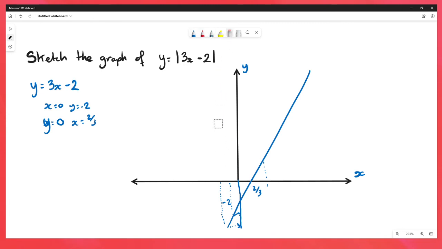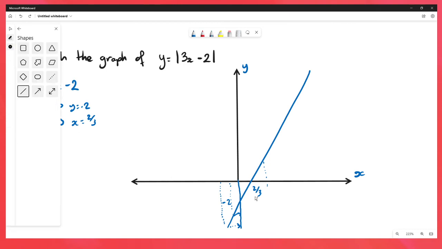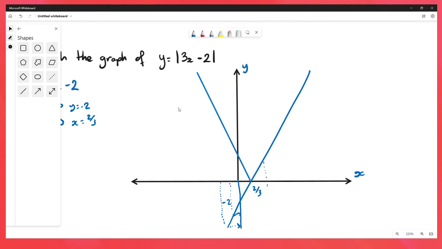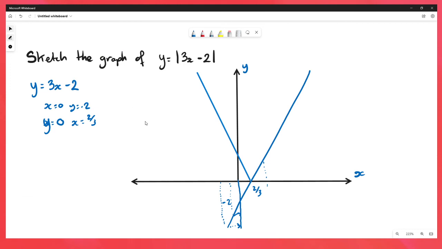So what we can do is we can go, okay, everything that's below, whoops, and we've got to try and get it as symmetrical as possible, which I am not managing to do there. So I'm just going to cheat a little bit. So we're going to get it as looking something like this. So we take everything that was below the x-axis and make it positive.